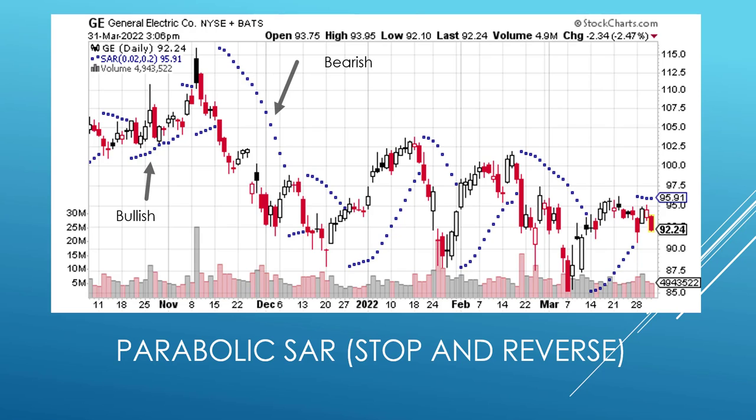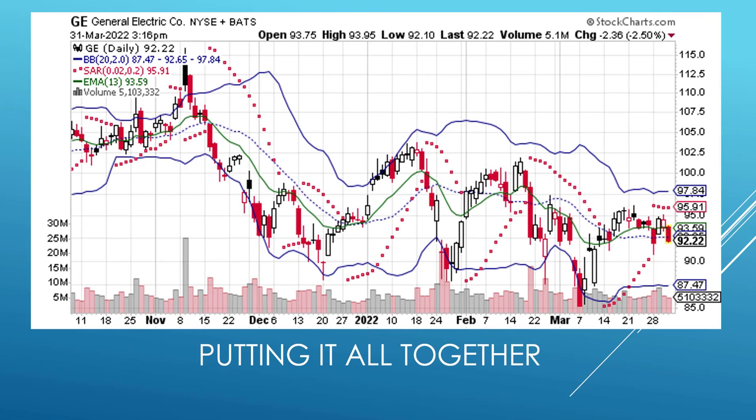Once again, whenever we get these gaps in trend change, when the dots move from above the line to below the line and from below the line to above the line, that indicates a trend change has already happened, another trailing indicator.